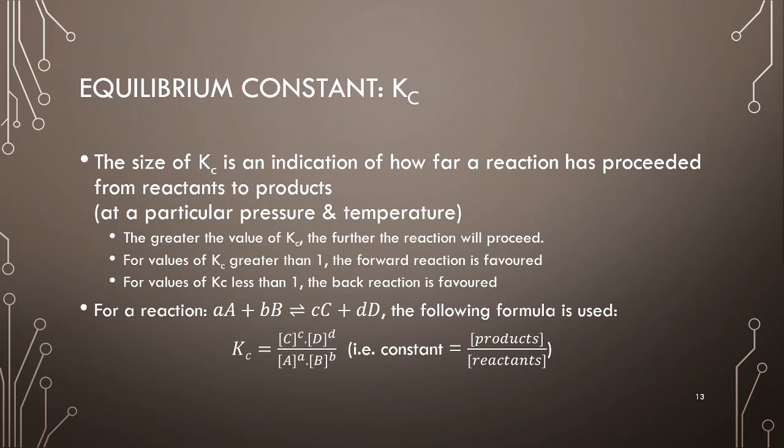This is a numerical value which shows that. The greater the value of Kc, the further the reaction will proceed in the forward direction. If the value of Kc is greater than 1, then forward reaction is favored. If Kc is less than 1, then backward reaction is favored.